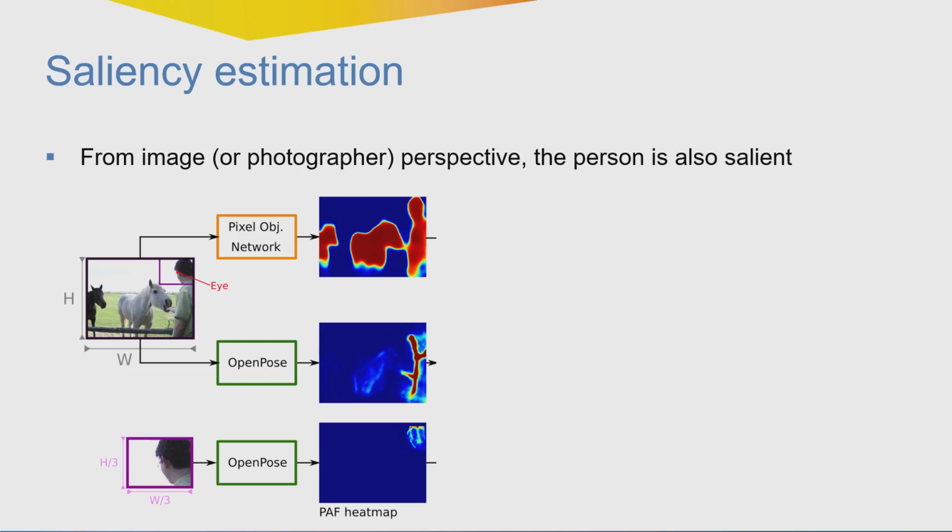As I said, we don't want to plug more things together, so what we've been playing with, and what I'm currently working on, is to use the outputs of OpenPose, for instance the key parts and also the heat maps from part affinity fields, to estimate where the person is in the image.